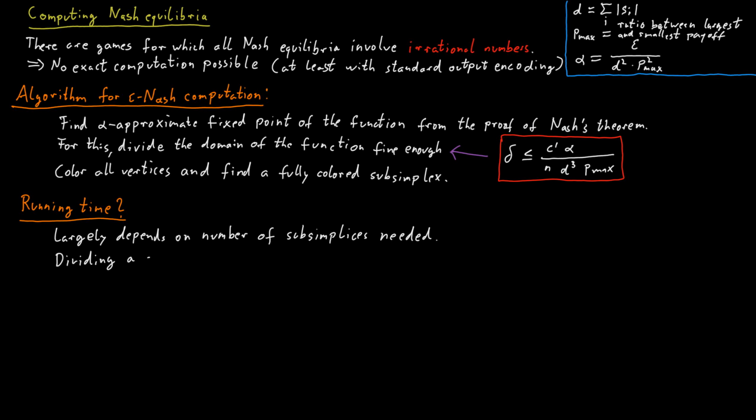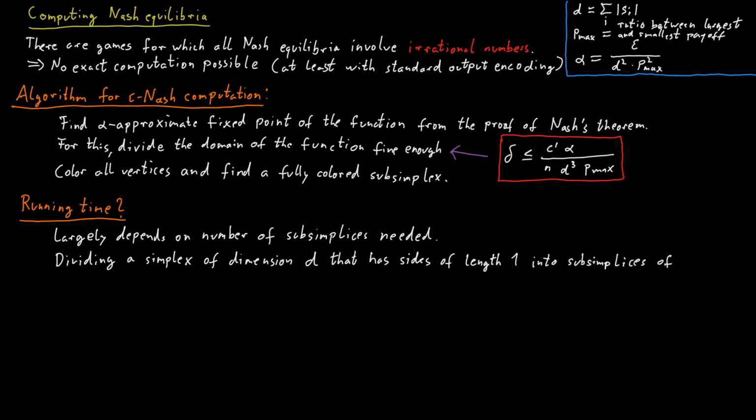So dividing a simplex that has dimension d and a side length of 1 into simplices of diameter delta can, of course, be done with O of 1 over delta to the power of d subsimplices. And this is basic geometry.